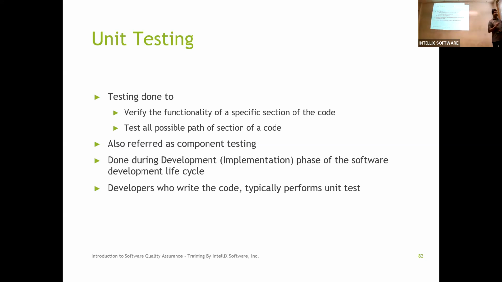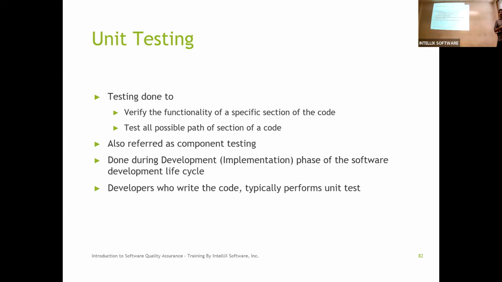I'm trying to check whether a specific piece of code or functionality is working as expected or not. In this scenario, I know exactly what the code is. All I'm trying to make sure is that I can test every possible path and that it is working as expected. That's unit testing.